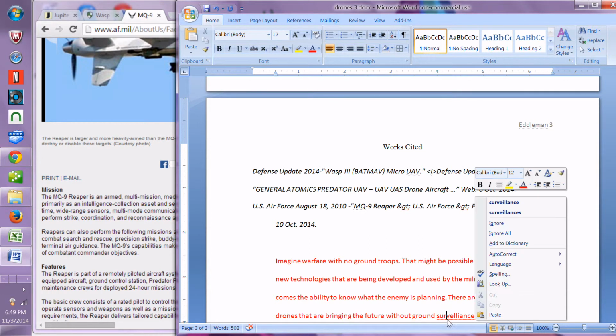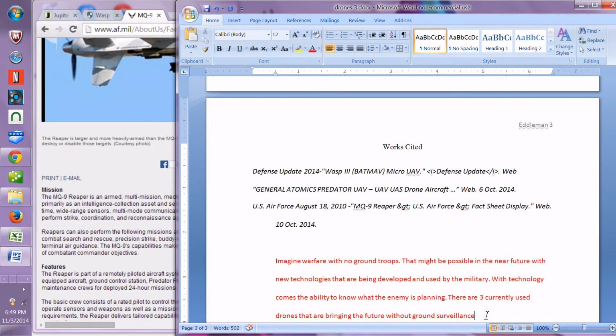I got close, it looks like. Without ground troops, there are 3 currently used drones that are bringing the future of ground surveillance to our present front lines.